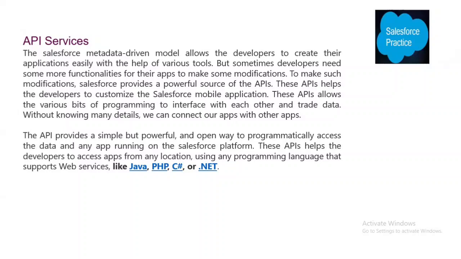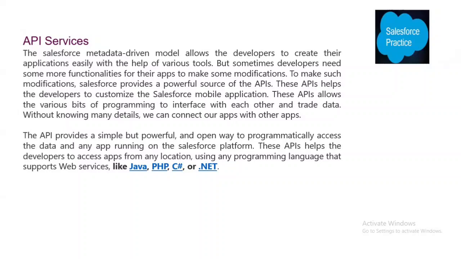The API provides a simple but powerful and open way to programmatically access data and any app running on the Salesforce platform. These APIs help developers access apps from any location using any programming language that supports web services, like Java, PHP, C#, and .NET.